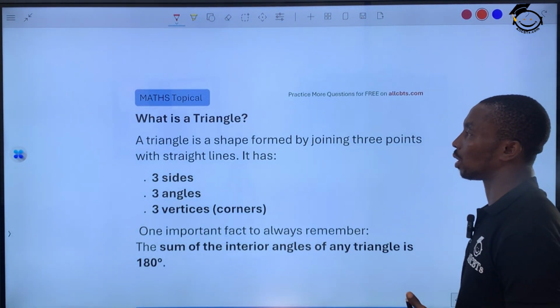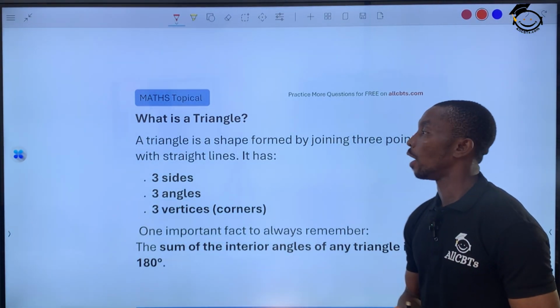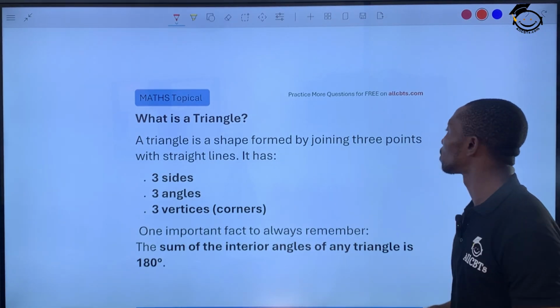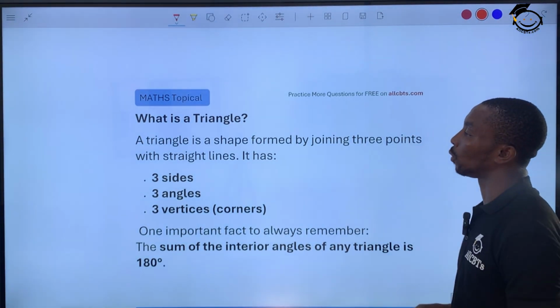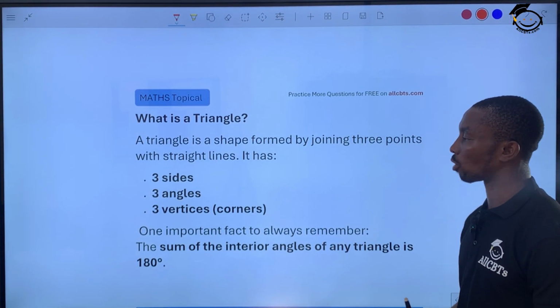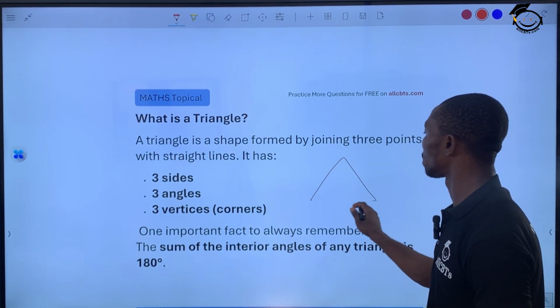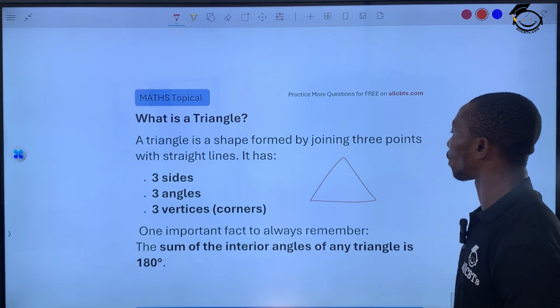Now, what is a triangle? A triangle is a shape formed by joining 3 points with straight lines. Okay, it has 3 vertices. All right, 3 angles.